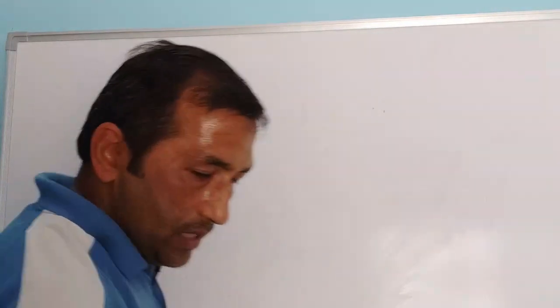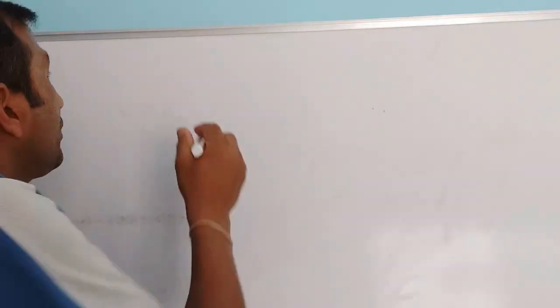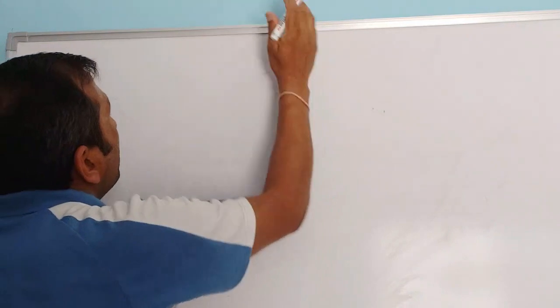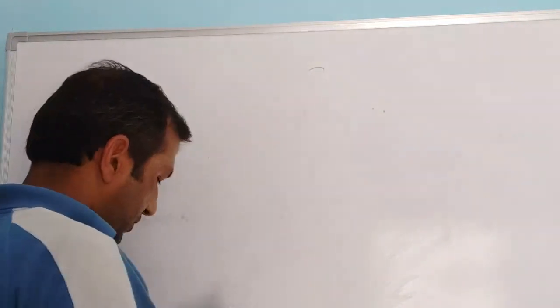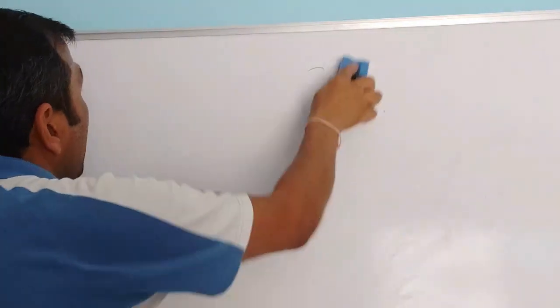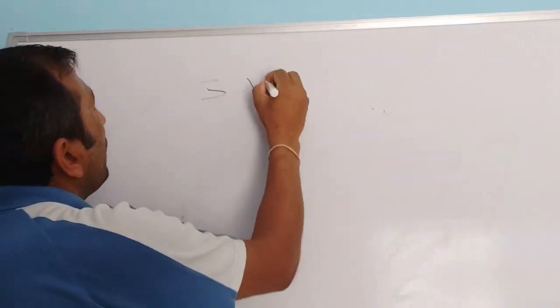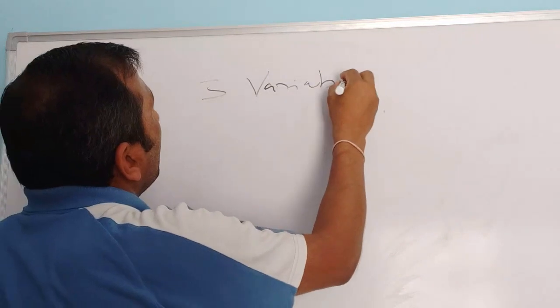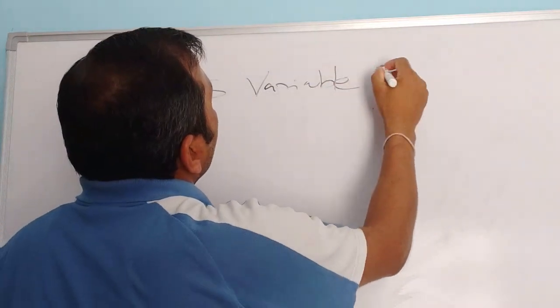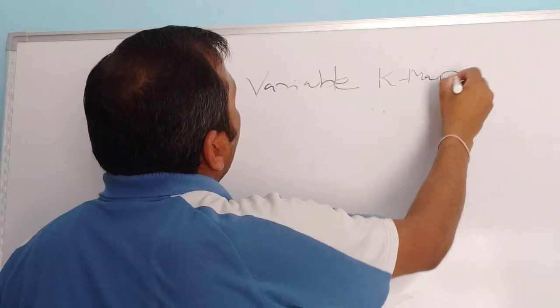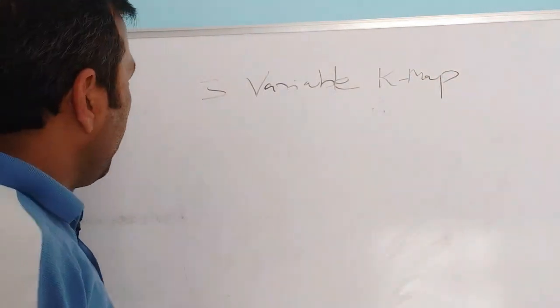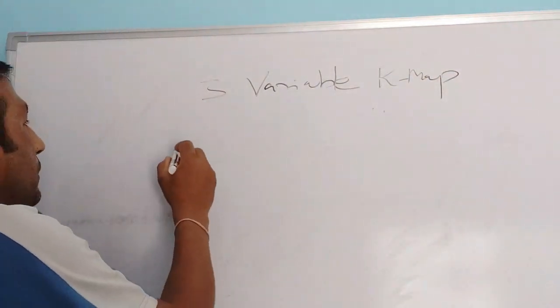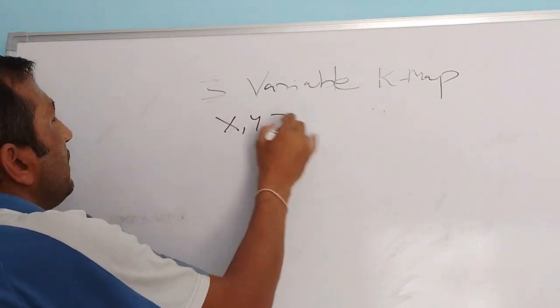For the three variable K map, there will be three variables x, y and z.